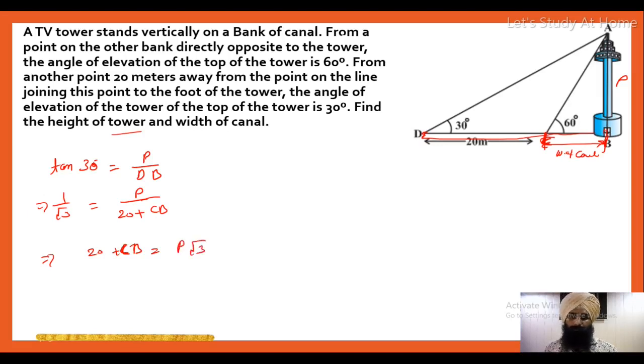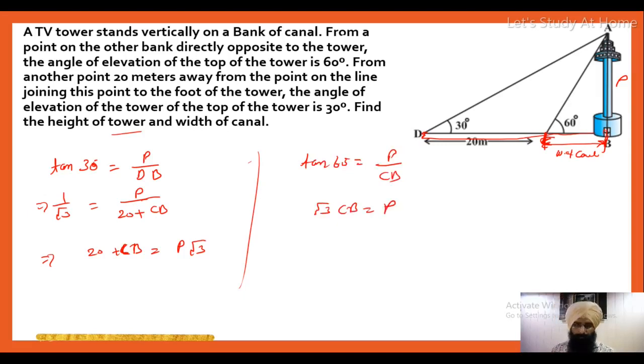Now for tan 60 degree, the perpendicular is upon CB only. So under root 3 CB is equal to perpendicular. Now put the value of perpendicular. Take the value from 1, put it in 2. It is your duty to do.